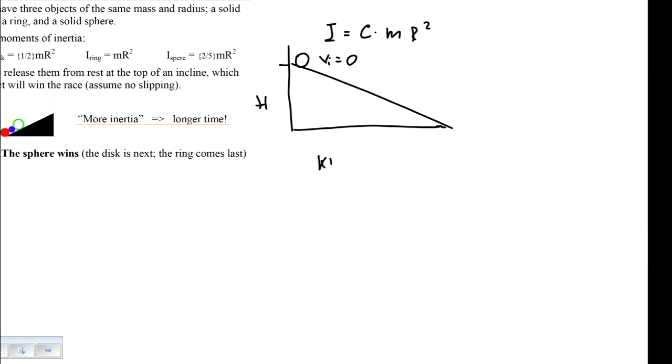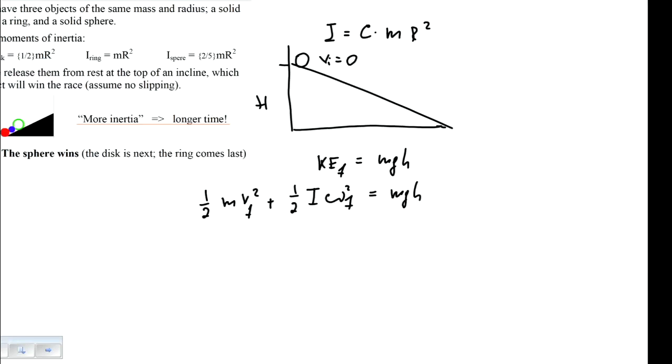Kinetic energy final should be equal to mgh. So what do we write? 1/2 mv squared, well, final, plus 1/2 I omega squared final equals mgh.